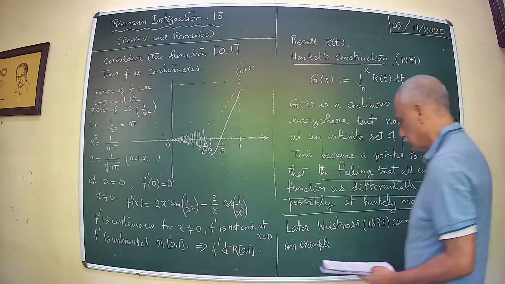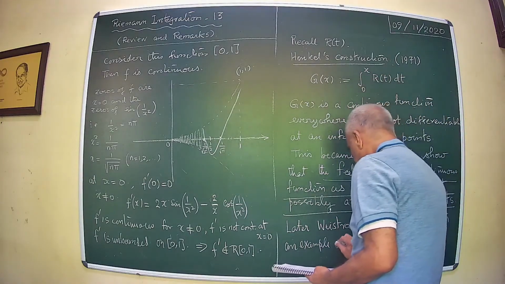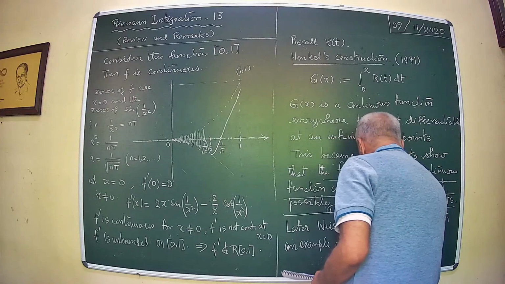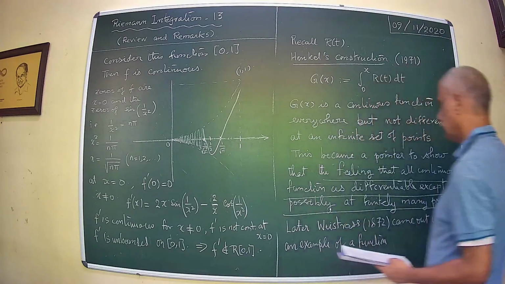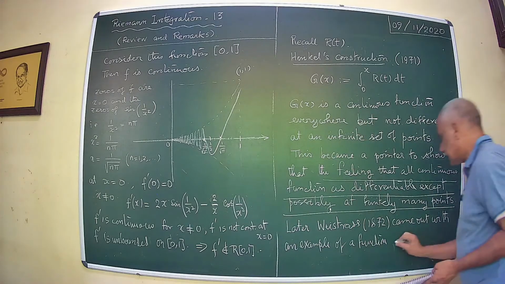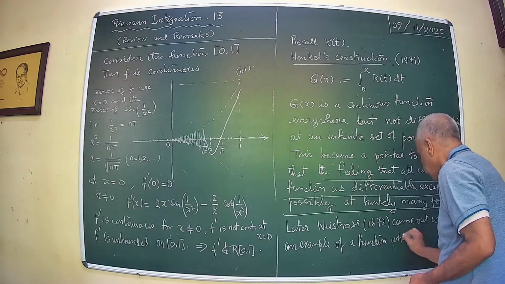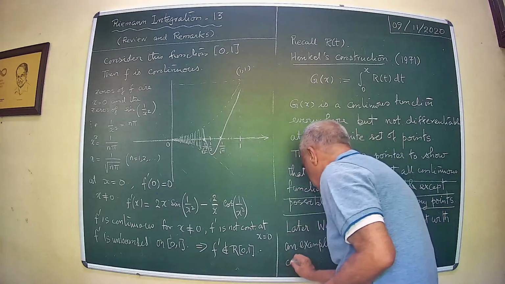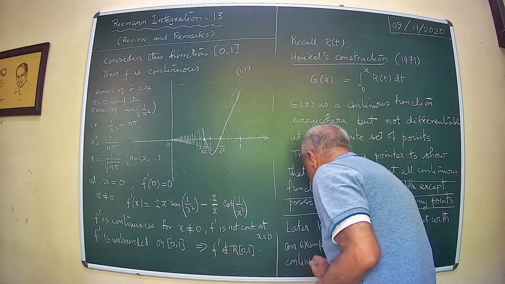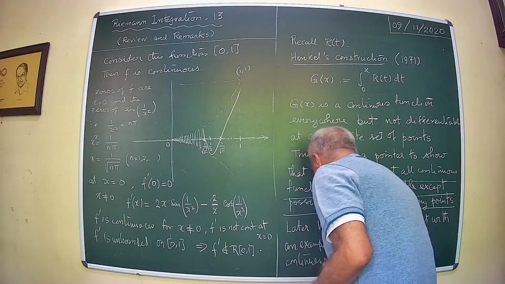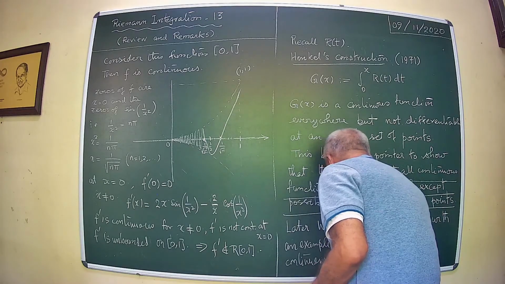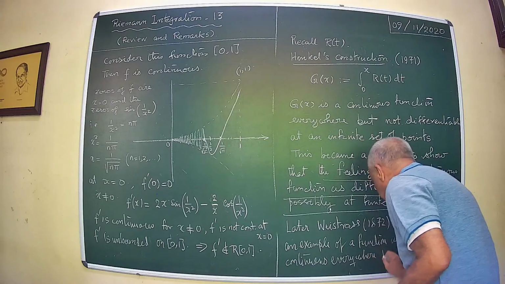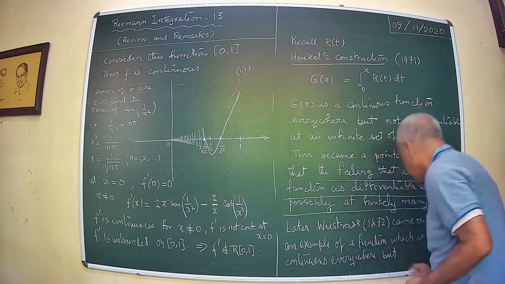An example of a function which is continuous everywhere, but nowhere differentiable.